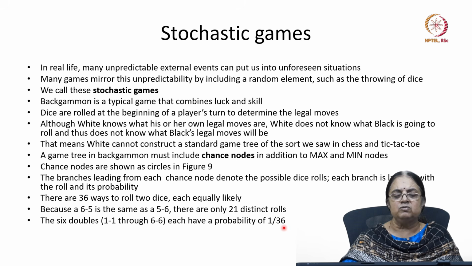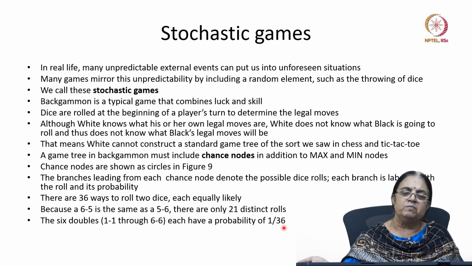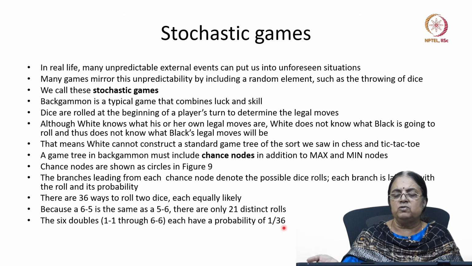You have two dice and you need to roll them, and depending on what you get, it decides what are the legal moves that are possible for you. So what happens here is white knows what his or her own legal moves are because he has just rolled the dice, but you don't know what black is going to roll. So it brings more uncertainty over here.